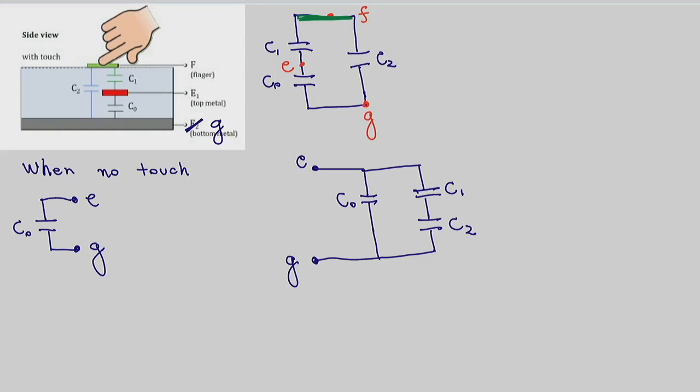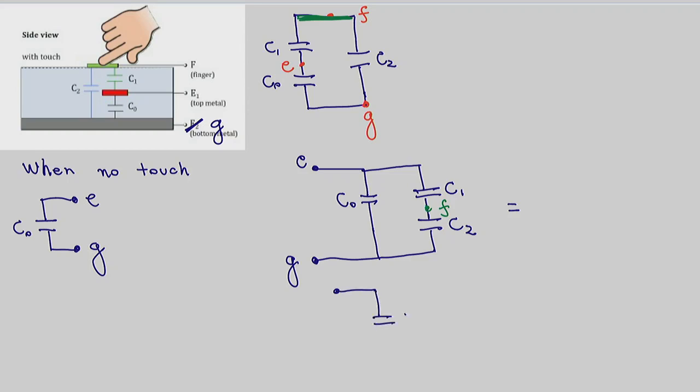Okay, where are our other nodes? We have node F. Where is node F? Between C1 and C2. This is node F. Now that you have this, you can come up with the equivalent circuit. Using the equivalence that we just learned, I could further write this as node E connected to C naught.